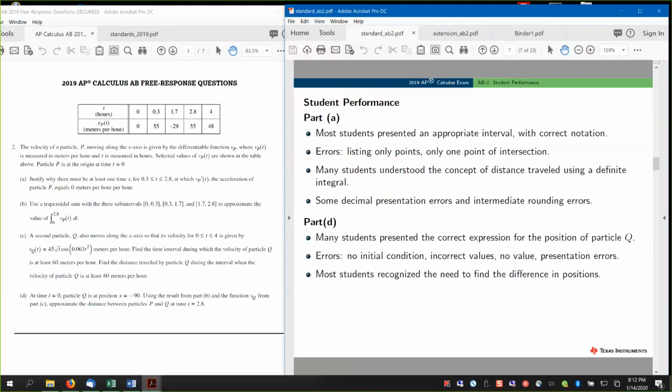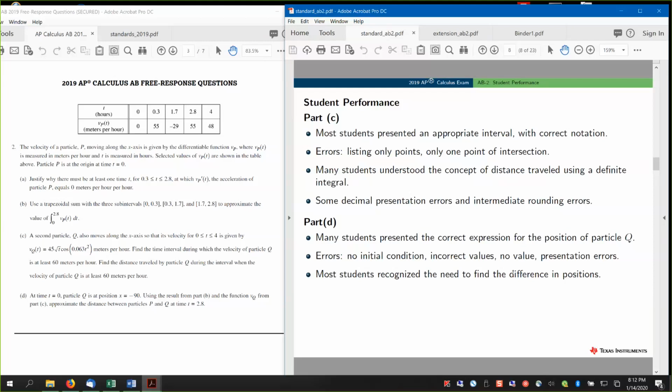Okay, next slide. In part C, most students here did indeed present an appropriate interval with correct notation. So we were looking for some sort of correct interval notation. However, some students unfortunately listed only values for t. So evidently they went to their calculator, they used technology to find the points of intersection, but they did not present an interval.